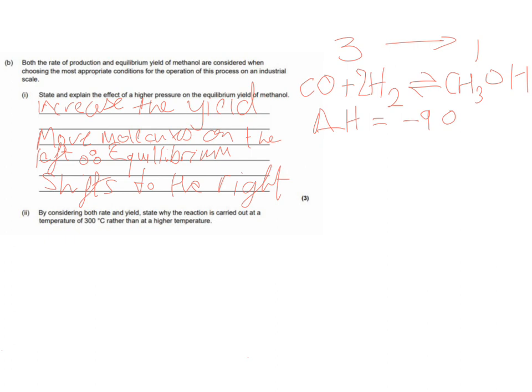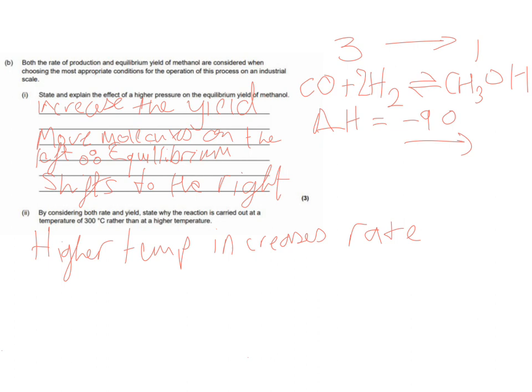What about temperature? Well, it's got a negative enthalpy change in the forward direction. So if I'm increasing the temperature, I would increase the rate. So higher temperature, like we talked about recently, increases rate. But the forward reaction is exothermic, so that wouldn't be favoured by higher temperature.